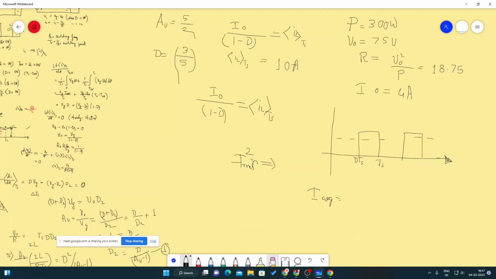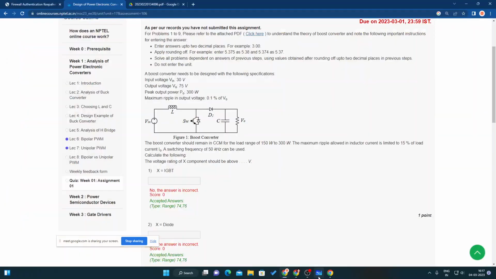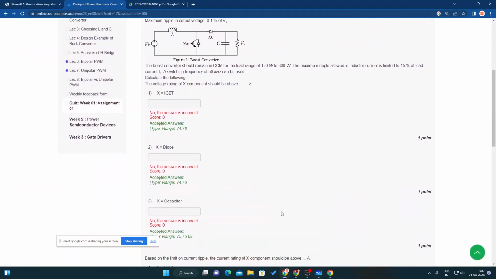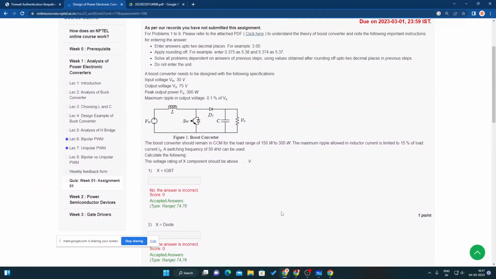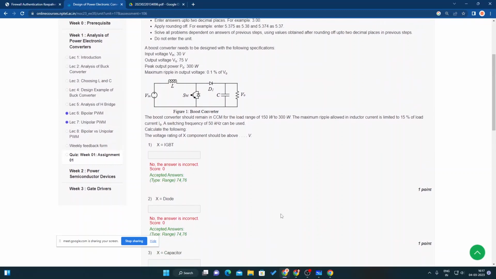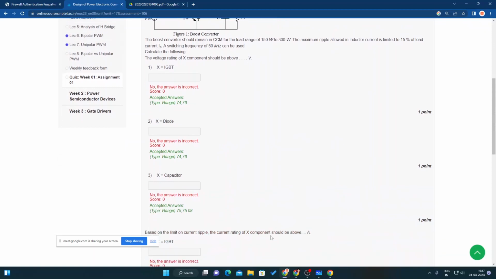Sir, they have given a range, 10 to 10.6 like that. So 10.6. Okay, I need to check actually. Maybe they are considering that, but 10 is also a correct answer, right? Yes sir, actually delta IL max comes out to be 15% of I naught, 0.6 ampere.